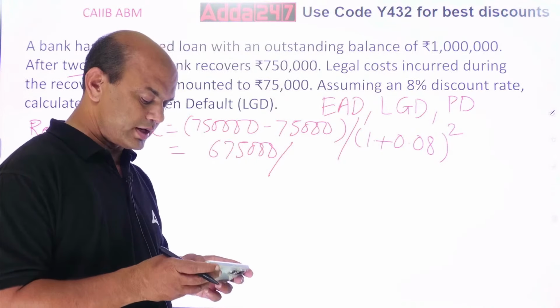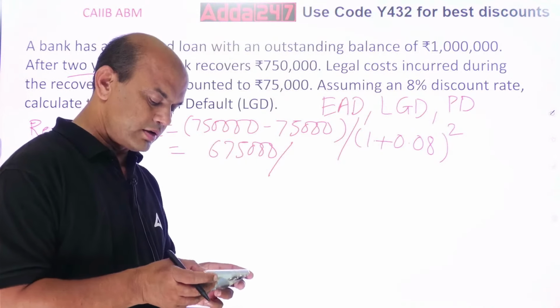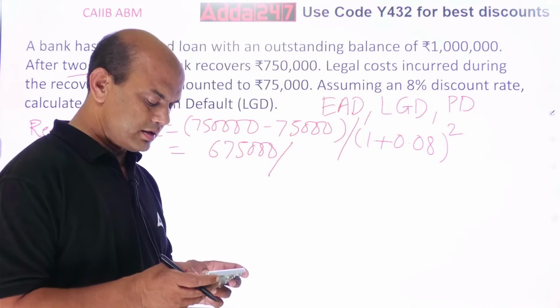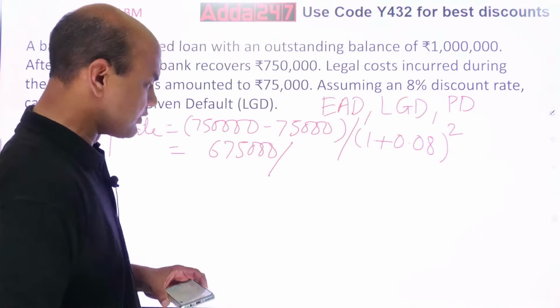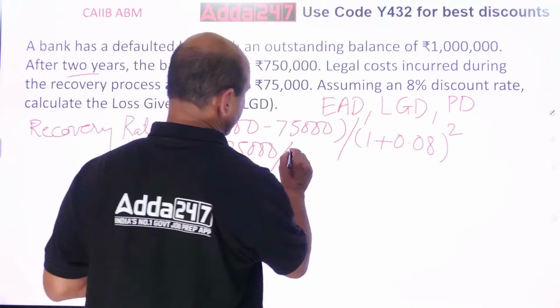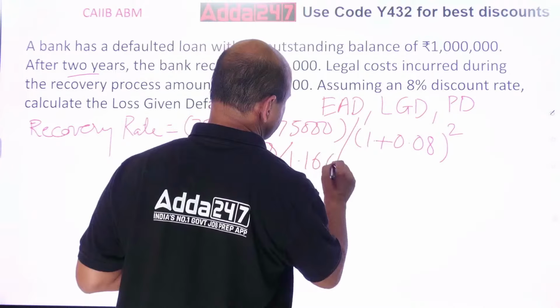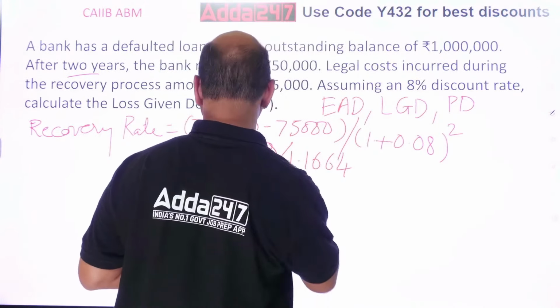See, always be very careful. 1.08 raised to 2 equals 1.1664. Now get the answer for this.